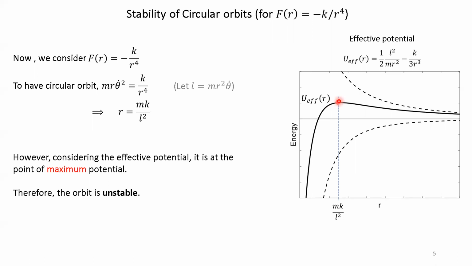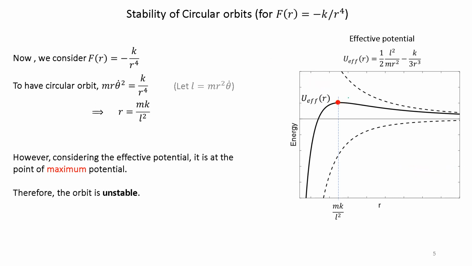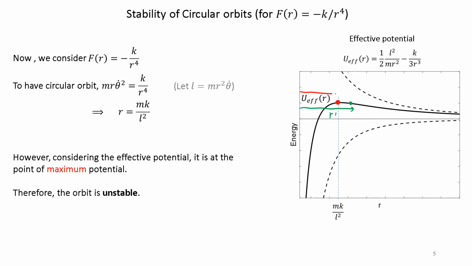Right? So now imagine you give a perturbation, that is, you try to make the r change a little bit over here. So this is r prime, and originally I have this r.